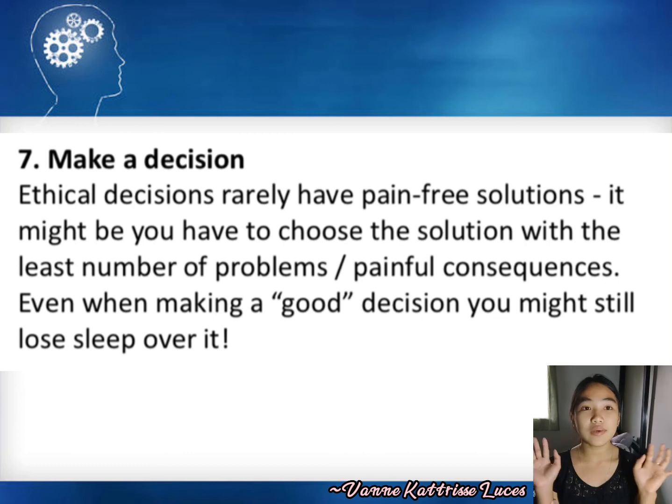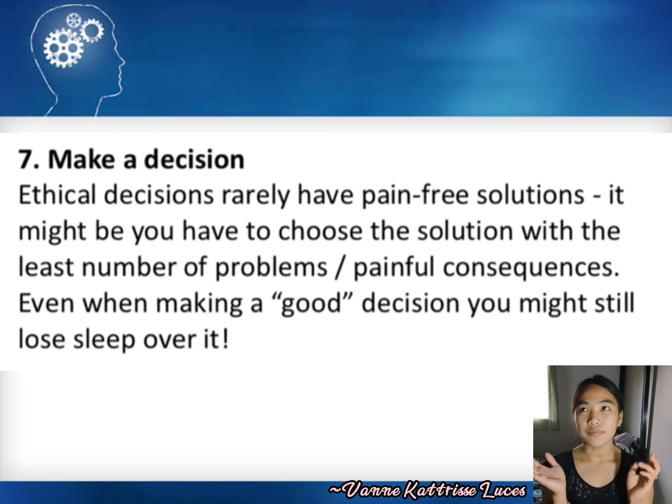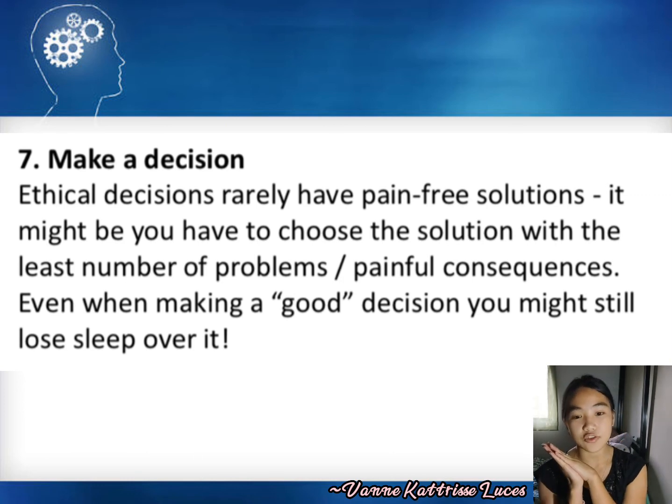Number 7, make a decision. There is no easy and painless solution to a problem. Moral reasoning is said to arrive at either right or wrong, valuable or not valuable. So in the given example, option number 2 is chosen.